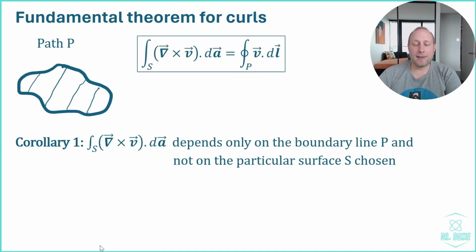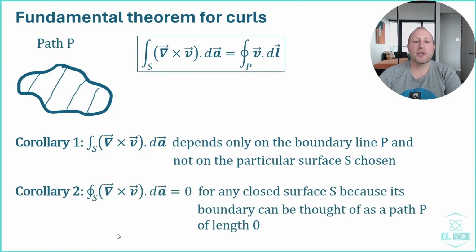So in general, it's not true that the surface integral of 2 fields with the same boundary line will be the same, but it is true when that field is the curl of some other field. A second consequence, a second corollary, is that if we take the surface integral of the curl but for a closed surface, what we will get is always 0.